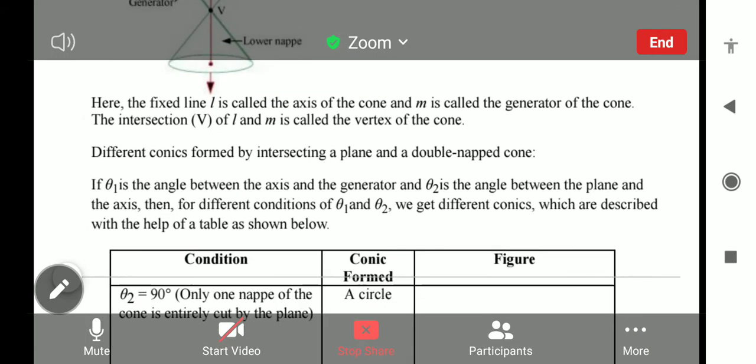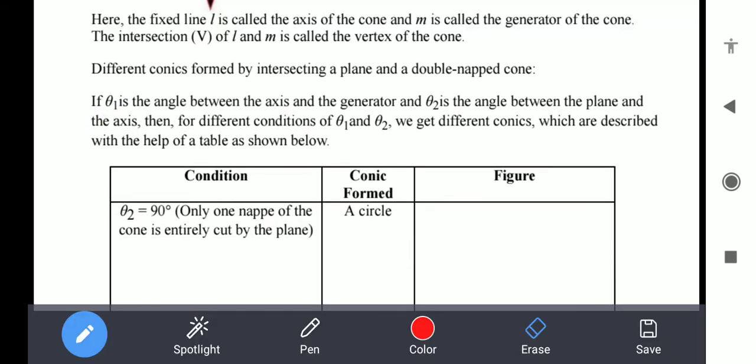If theta 1 is the angle between the axis and the generator and theta 2 is the angle between the plane and the axis, then for different values of theta 1 and theta 2 we get different conics, which are described with the help of a table.